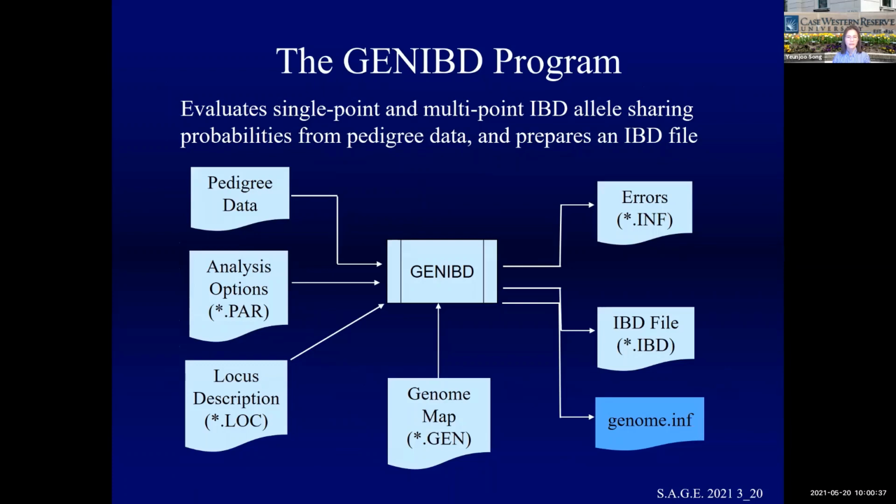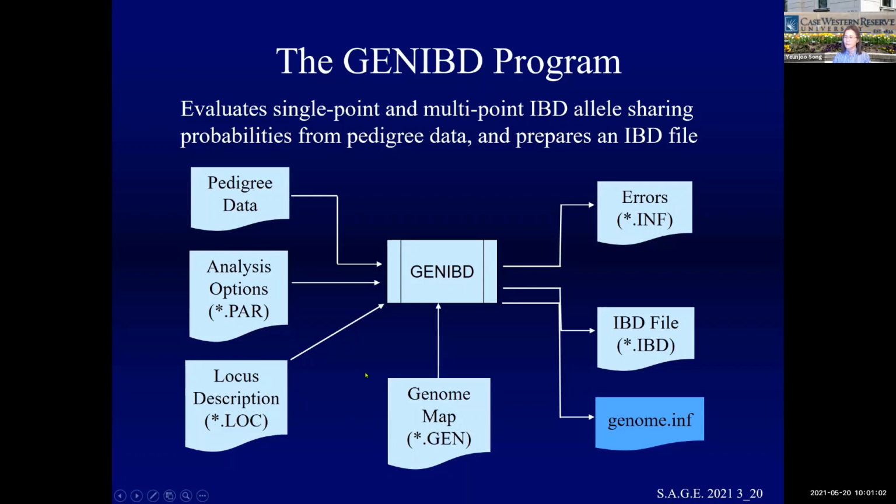Yes. Okay. Just like the REL test we just talked about, GenIBD is another program that needs a full set of the S.A.G.E input files, which means the data file, parameter file, the locus description file, and the genomic map file.